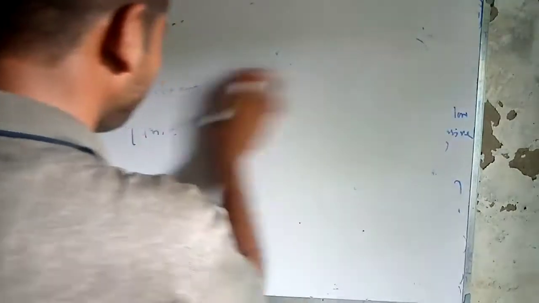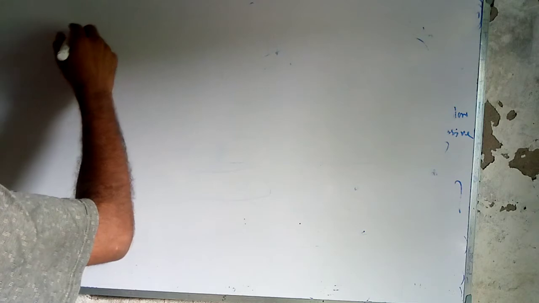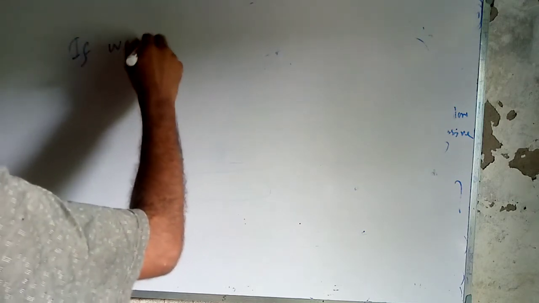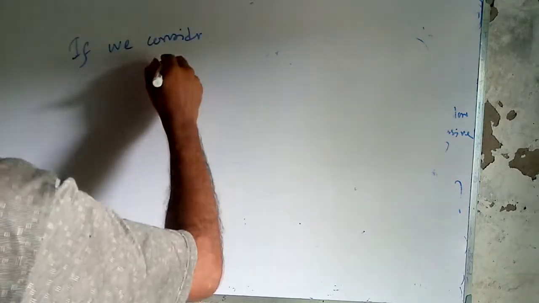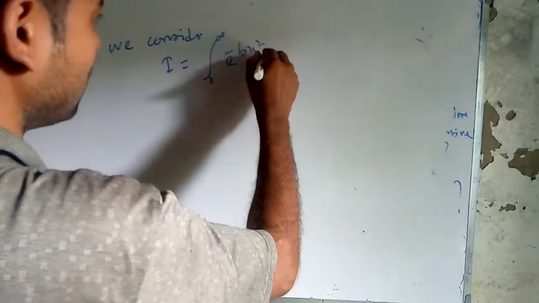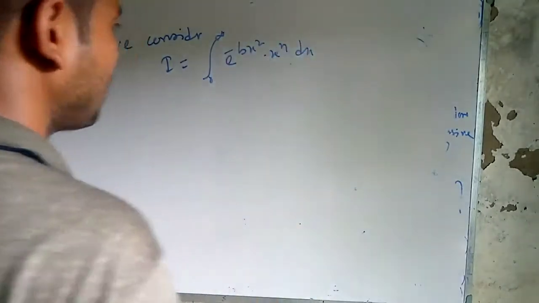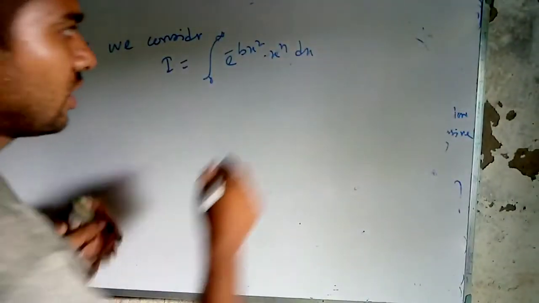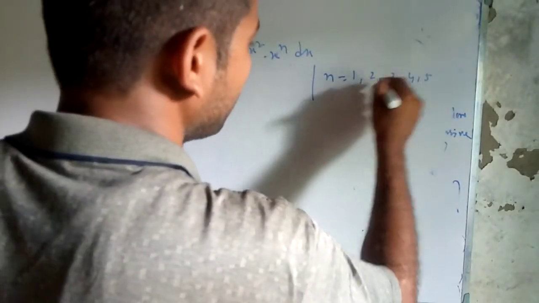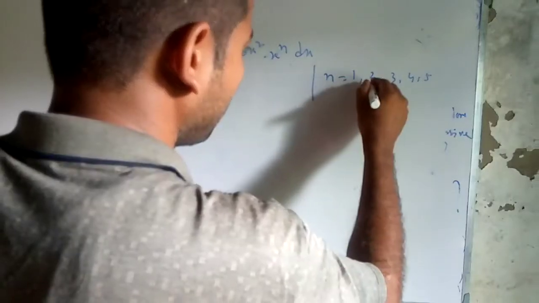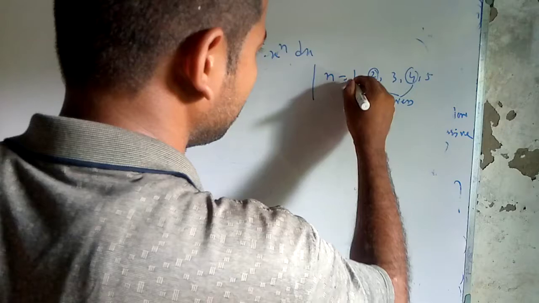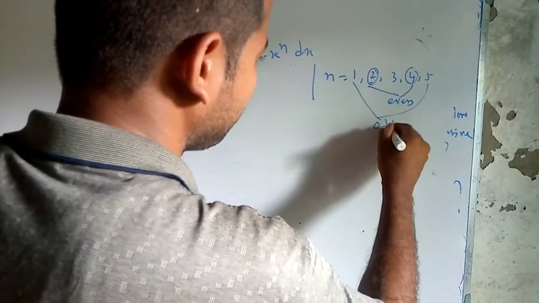Let us see: consider I equal to the integral from 0 to infinity of e to the power minus d x squared times x to the power n dx. Suppose this is one form of integration, where n may be 1, 2, 3, 4, 5, some values even and some odd.